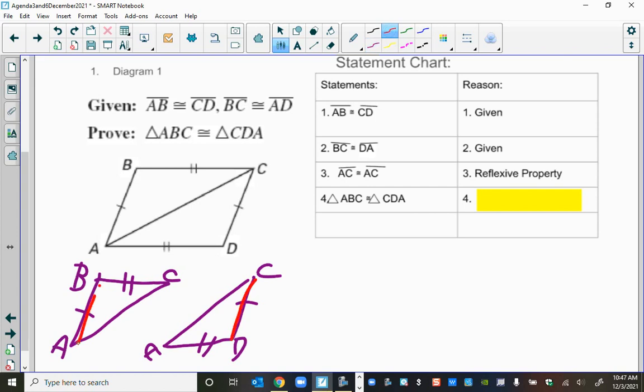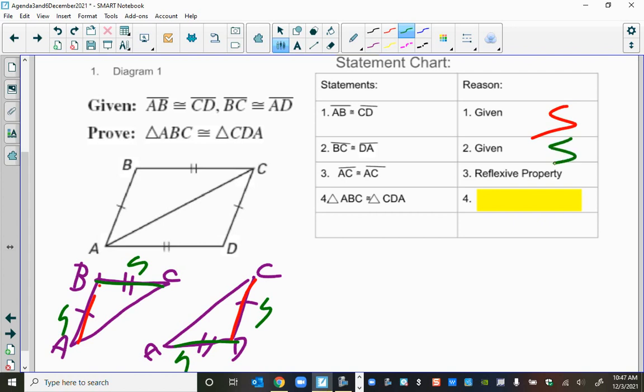Side. That's a side. Then they said BC was congruent to DA. Well, what's that called? That's a side too. You got a side, side.